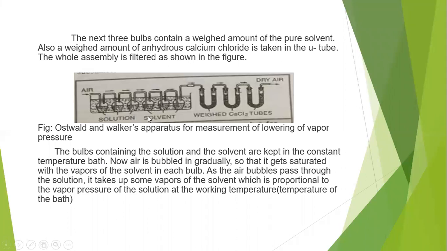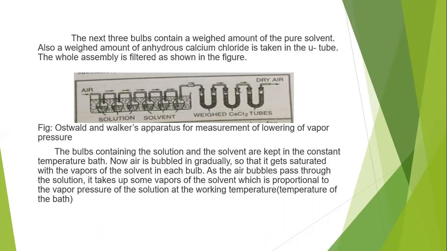These two chambers, the solution and the solvent, are kept at a given temperature because only at a given temperature will the vapor pressure of the pure solvent or the solution be constant; otherwise it will change. So we have to maintain a constant temperature for both the solution and the solvent. The three bulbs of the solution and the three bulbs of the solvent are kept in a container.